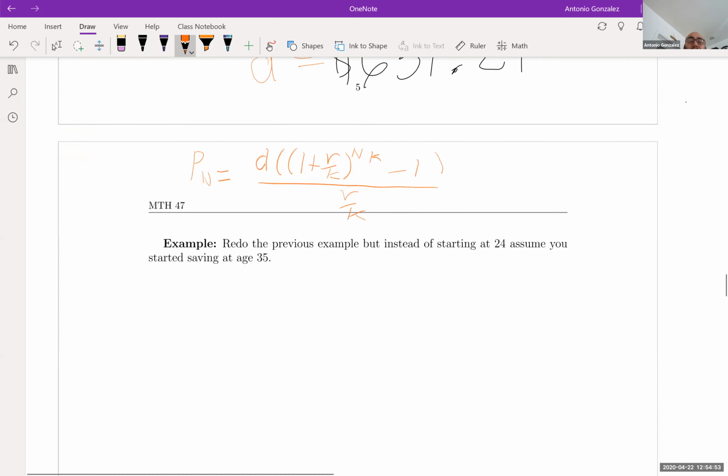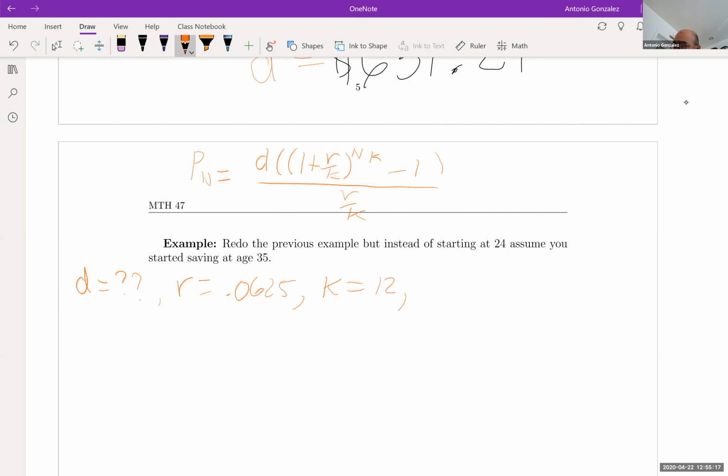Okay, so all of the details remain the same. R was 0.0625. K was 12.